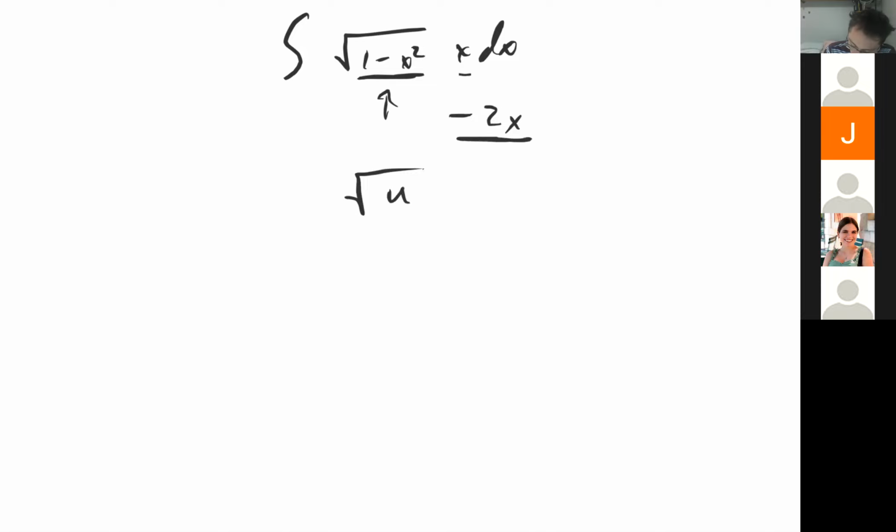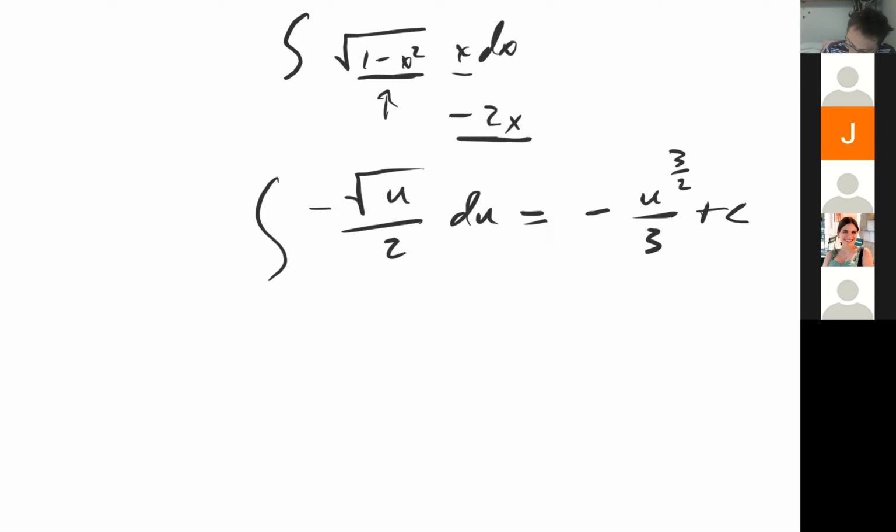So then you have a minus root u over 2, and you're integrating that against u. And that gives you minus u to the 3 over 2, and then times 2/3, so that just gives you an over 3 plus c, and then you just plug back in u, and you get 1 minus x squared to the 3 over 2 divided by 3 plus c.